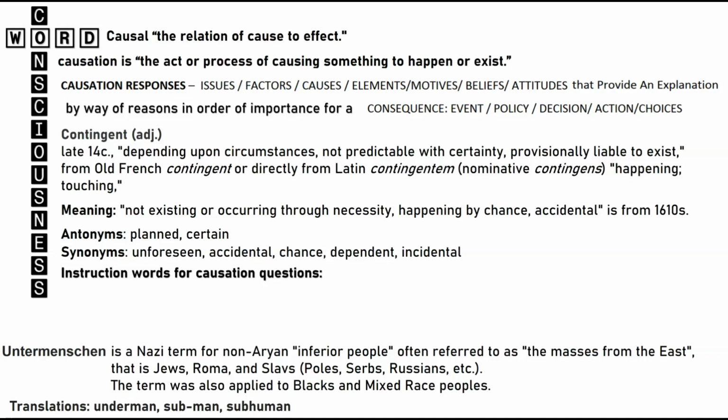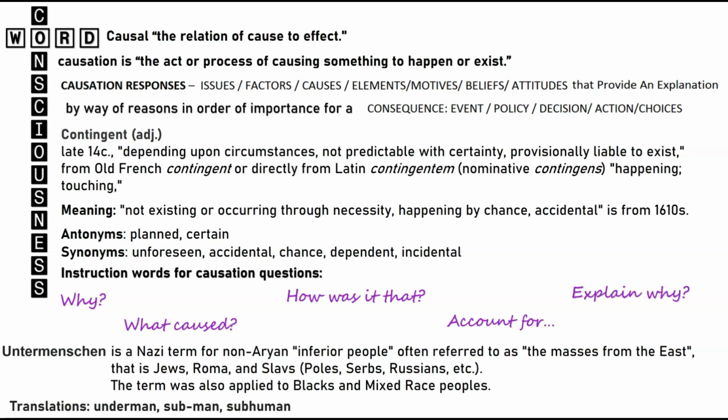And then I've just put down the Untermenschen, just because I use it in the essay. And then I put in the instruction words for causation questions, so that the students can start to see those are the type of instruction words that will require a causation or causal response.